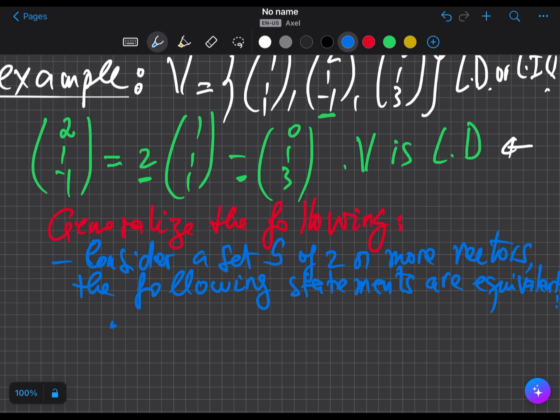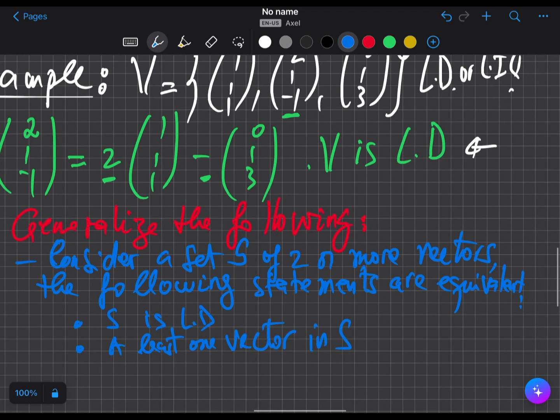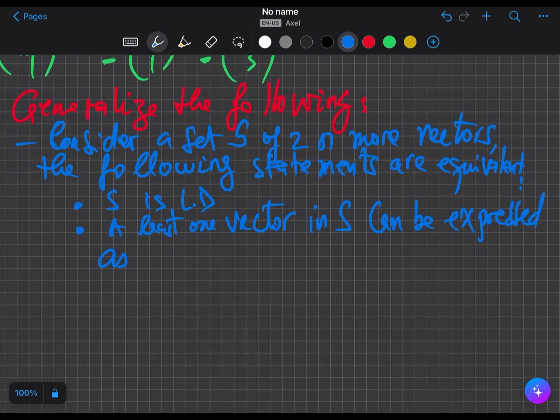S is linearly dependent is equivalent to at least one vector in S can be expressed as a linear combination of the others. So these two statements are equivalent and very, very useful.